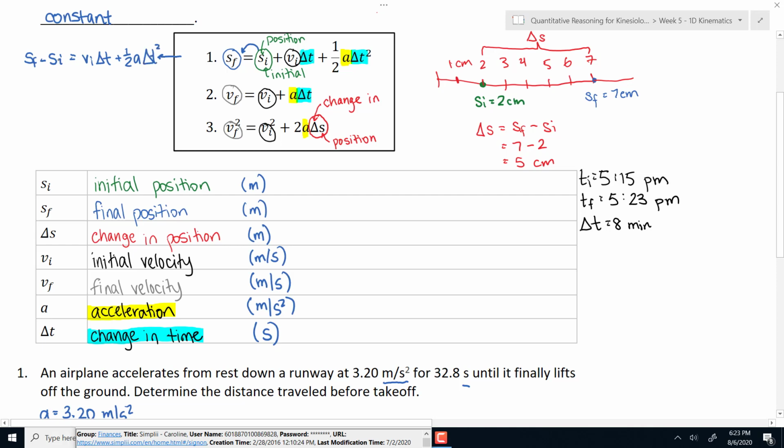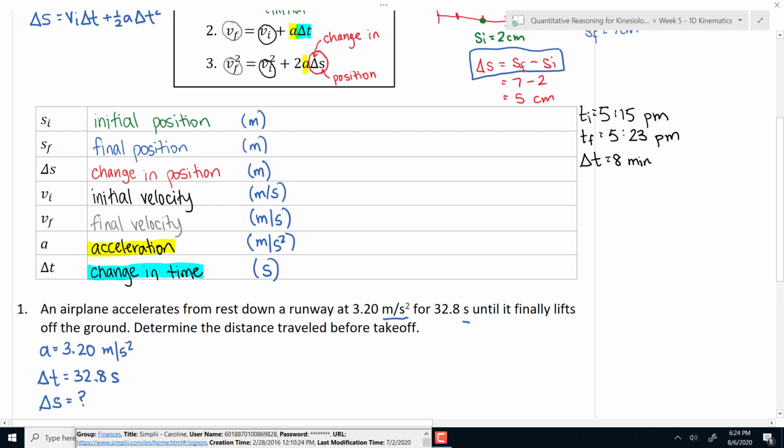Now, what is SF minus SI? It's equal to delta S. So that equation is the same as delta S equals V initial delta T plus 1/2 A delta T squared. Okay, so keep that in mind when you're doing problems.